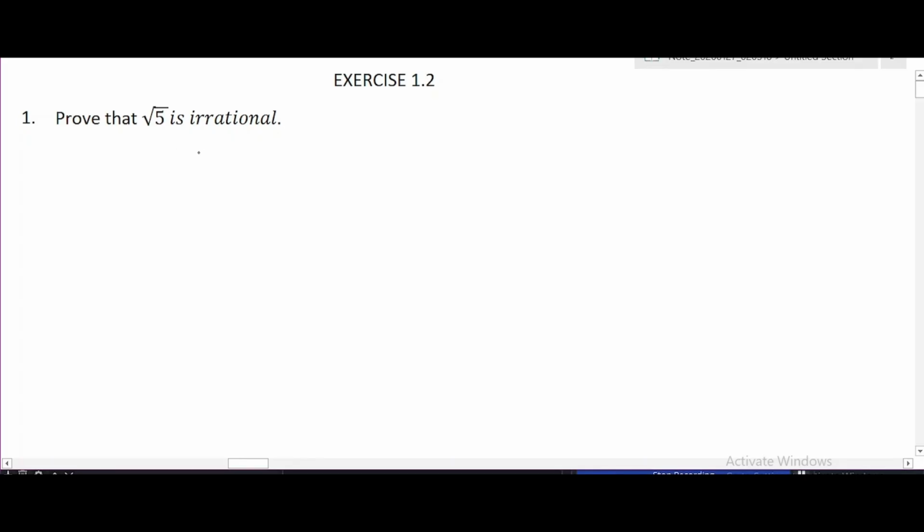Okay, so first, to assume, we will take, let root 5 be a rational number.